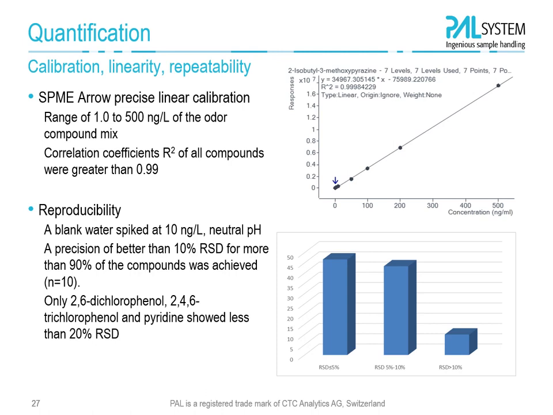We get a good linear calibration here in the range of 1 nanogram per liter to 500 nanograms per liter with very good precision for all of the compounds. Also, the reproducibility shows very good RSDs of less than 5 or 10% for such compounds in this setup.